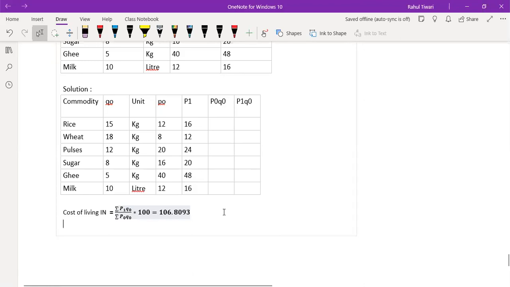So what is your conclusion? Can you say the prices of the commodities have gone up by 6.809?